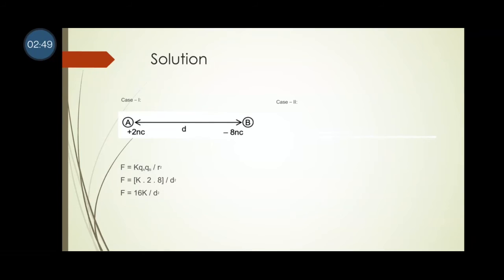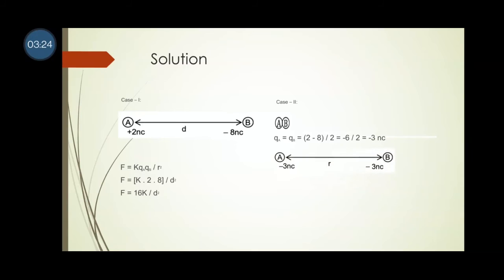Let us consider case 2 where they are allowed to touch each other like this. Then what distance will they take to get the same repulsive force between them? When they touch each other, we will get an average charge for both the spheres, that is 2 minus 8 divided by 2, that is minus 6 by 2, which gives minus 3 nanocoulomb for both the spheres.